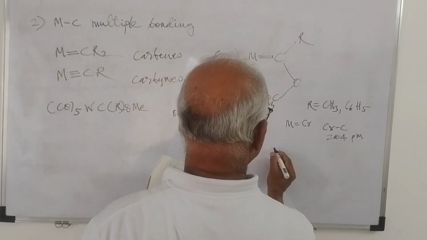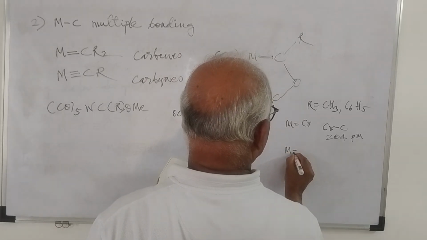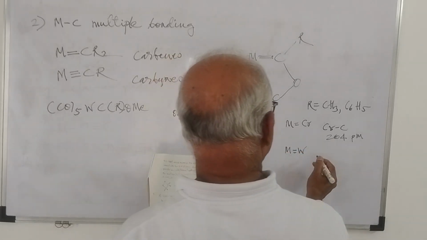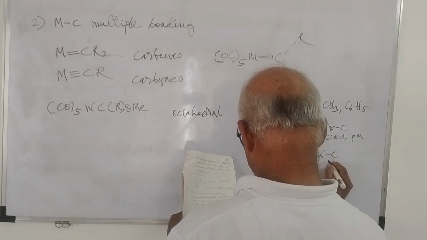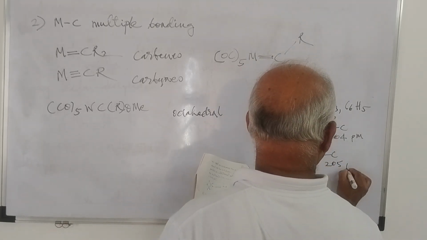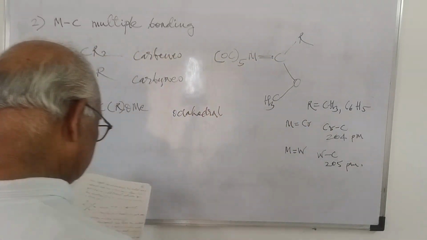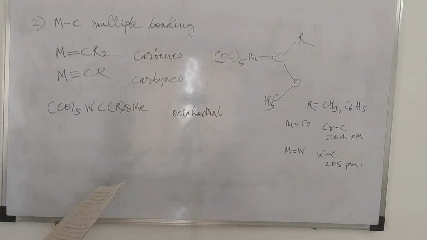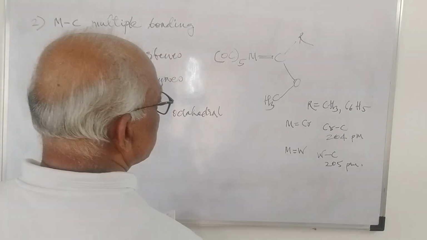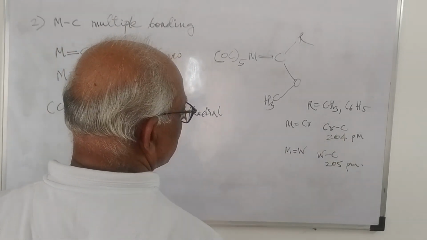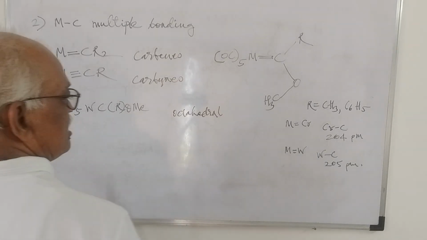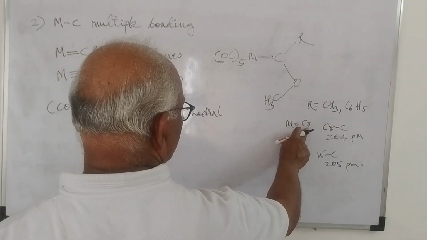And when the metal is tungsten, then the tungsten-carbon bond distance is 205 picometer. So this shows the effect of the presence of different metals. There is very small difference between the bond distance when the metal is chromium and when the metal is tungsten.